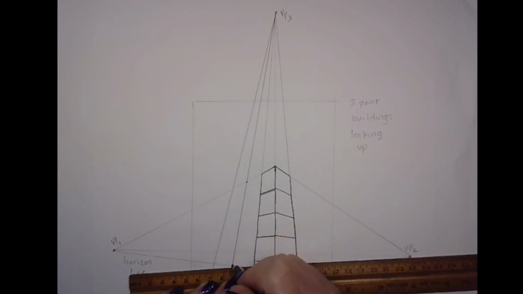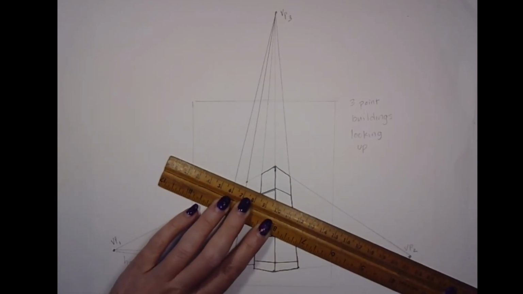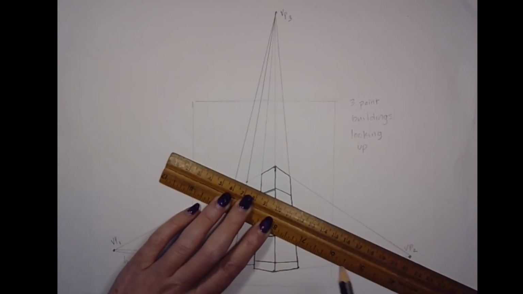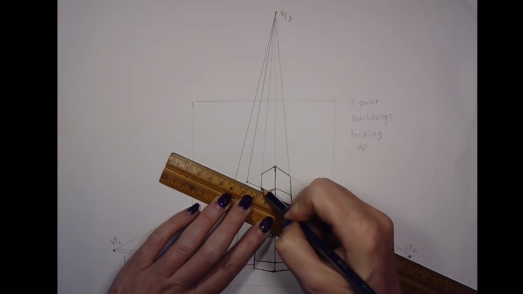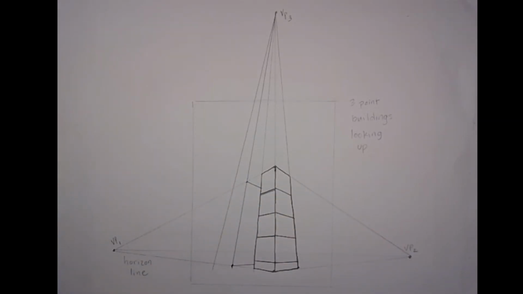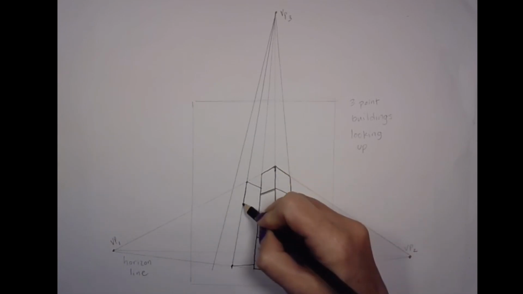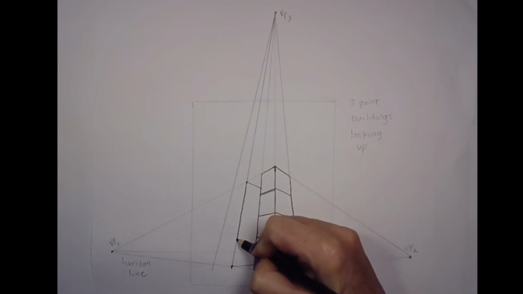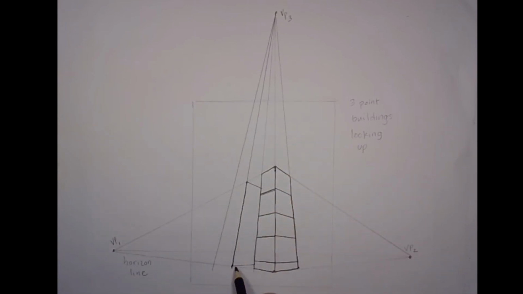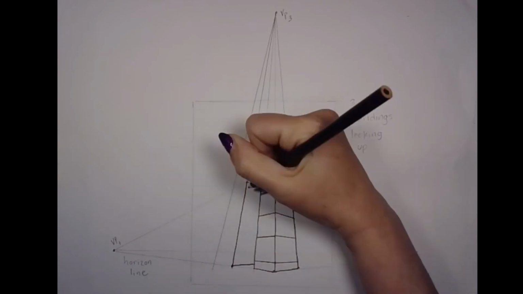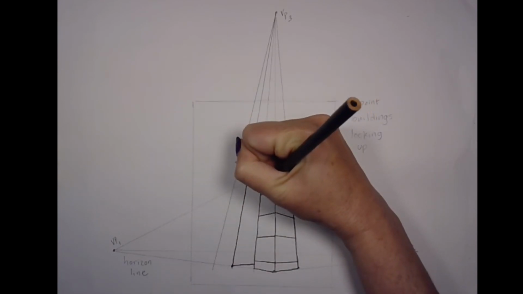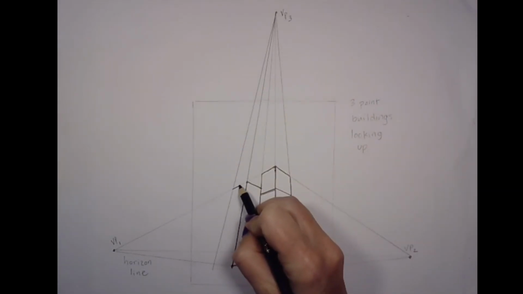Again, if I have my ruler, I don't have to draw all the way through. Here it's going to go to vanishing point 2. And I'm going to redefine my building in colored pencil.